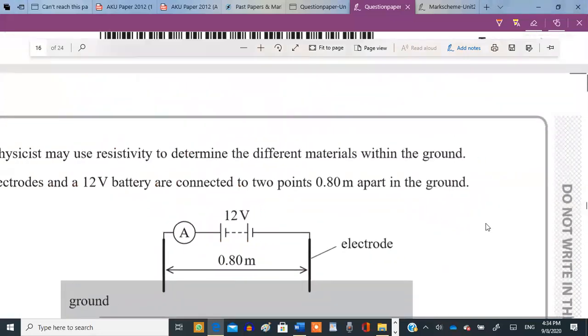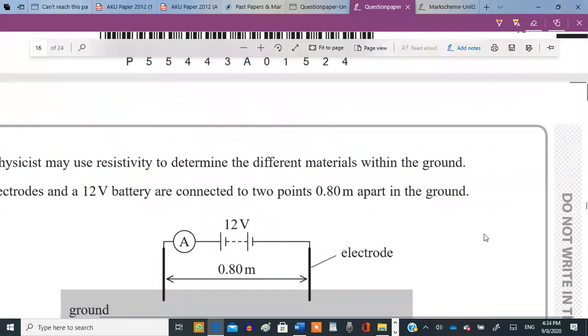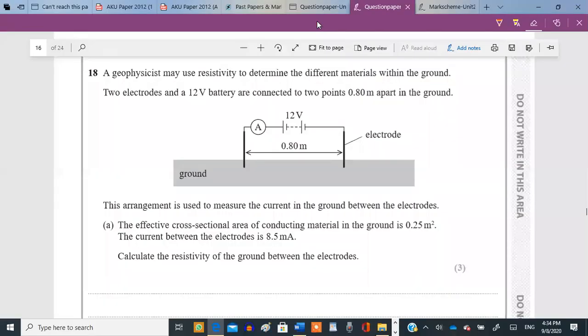So this is from DC circuits, a very good topic, quite an easy topic. A geophysicist may use resistivity to determine the different materials within the ground. Two electrodes and a 12-volt battery are connected to 2 points 0.8 meter apart in the ground. The length is given to you, the voltage is given to you.